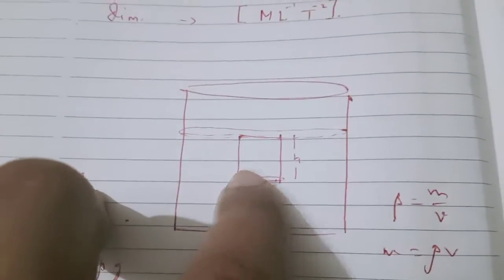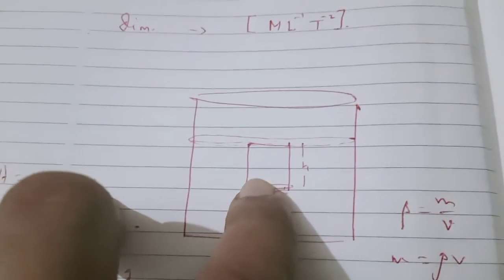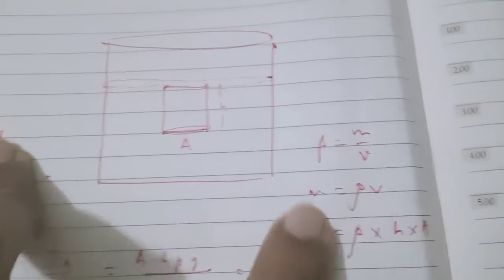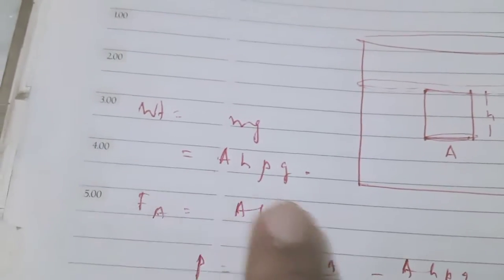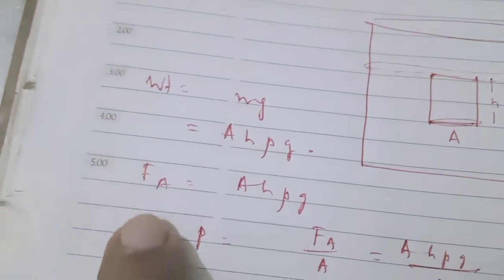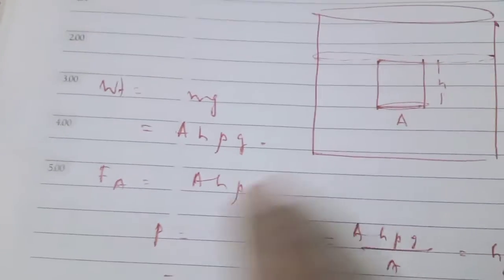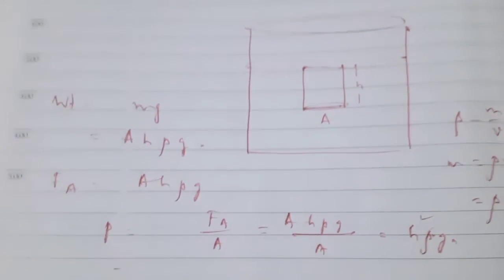Here cross sectional area is A and length is h. So volume is Ah. Rho Ah is the mass, and with g, that is the weight of the liquid. And force exerted by the liquid is its own weight, that is Ah rho g. Pressure at that point is Ah rho g by A, force per unit area, that will give you h rho g.